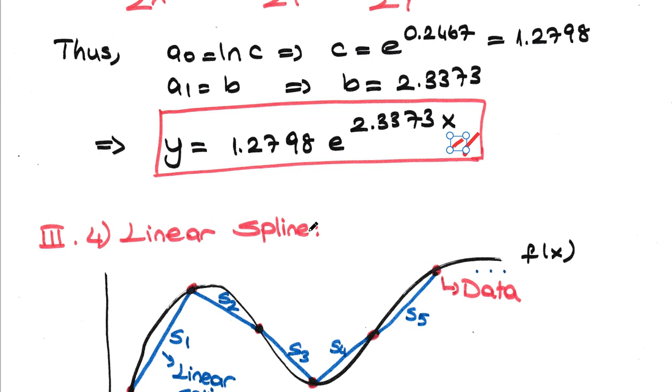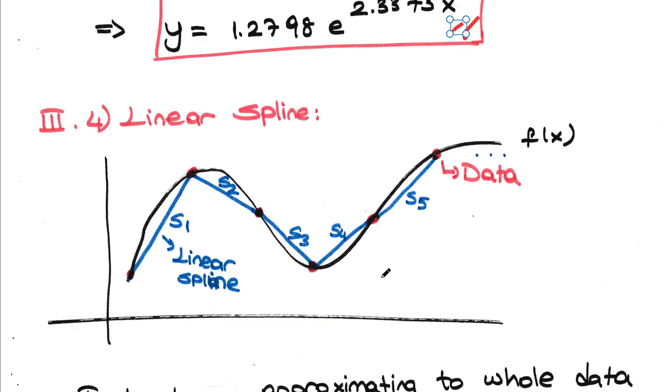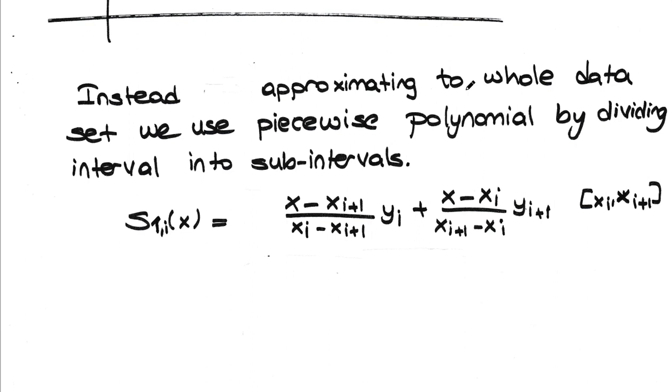The basis of the linear spline is the Lagrange interpolation. It's actually the same thing, just you use 2 points, no more points from your data set. Between these 2 points, you are creating a Lagrange interpolation. Okay, so the piecewise polynomial I'm defining, we are writing here S1I.